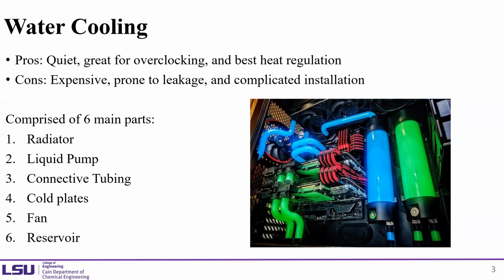And it's comprised of six main parts. The first one's the radiator, second's the pump, third one's the connective tubing, fourth one is the cold plates that connect to the processor and the CPU, and the fifth one is the fan, and the sixth is the reservoir.